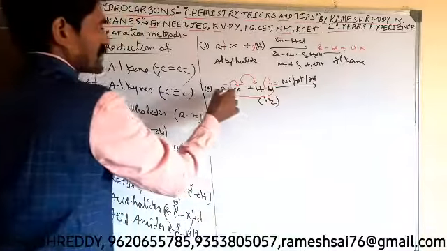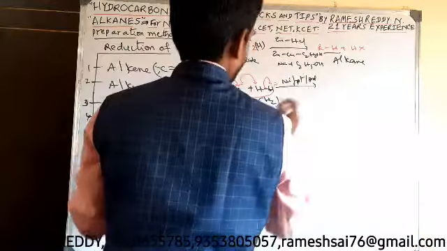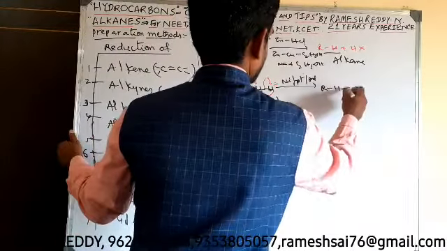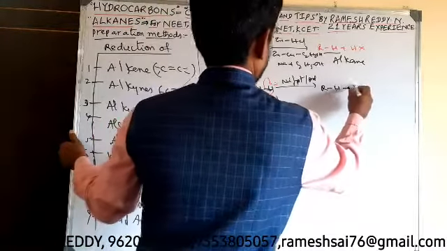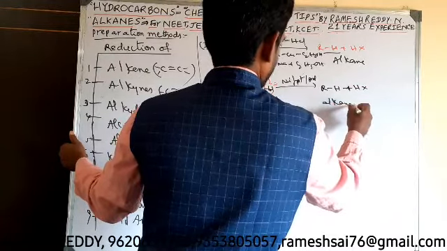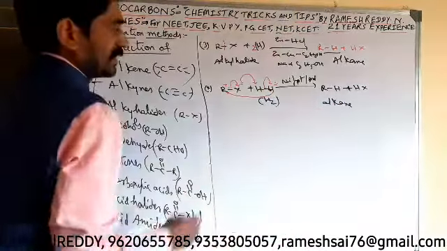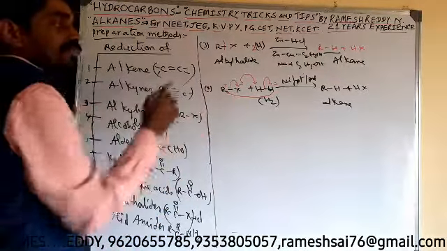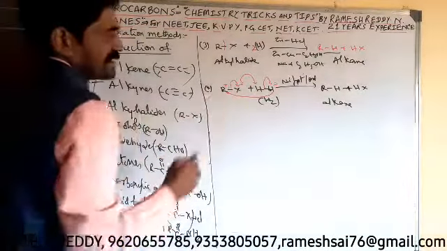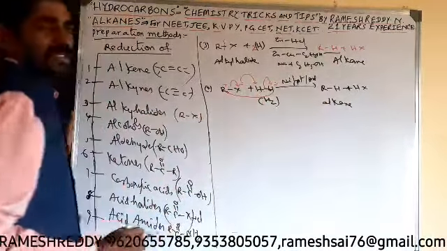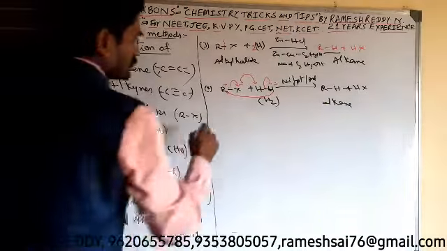Now it is bonded to this. Now we will get RH, alkane, and HX is removed, right? So the reagent is H2 gas with a nickel, platinum, palladium catalyst, the product is alkane, and the byproduct is hydrogen halide, HX.